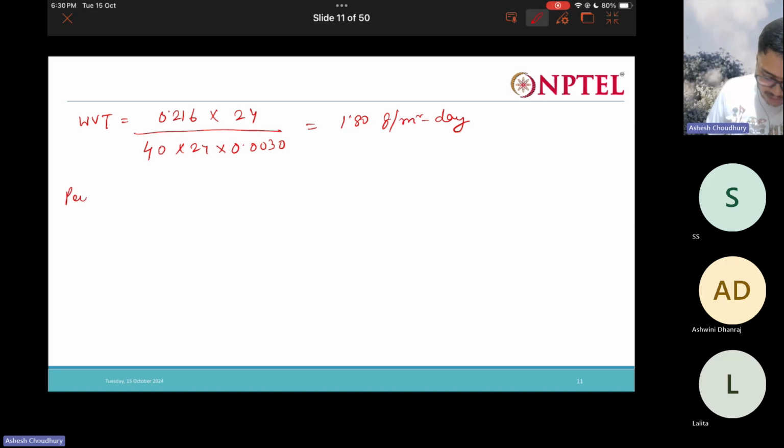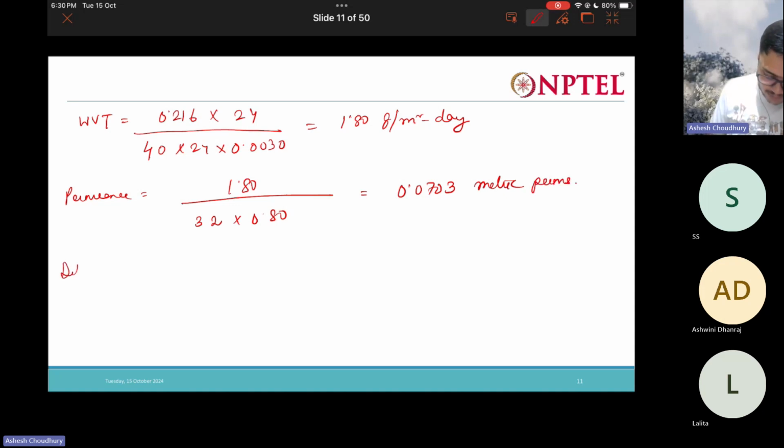Now how to find out the permeance? WVT divided by S, the saturation vapor pressure, times 0.80. This will come out as 0.0703 metric perms.